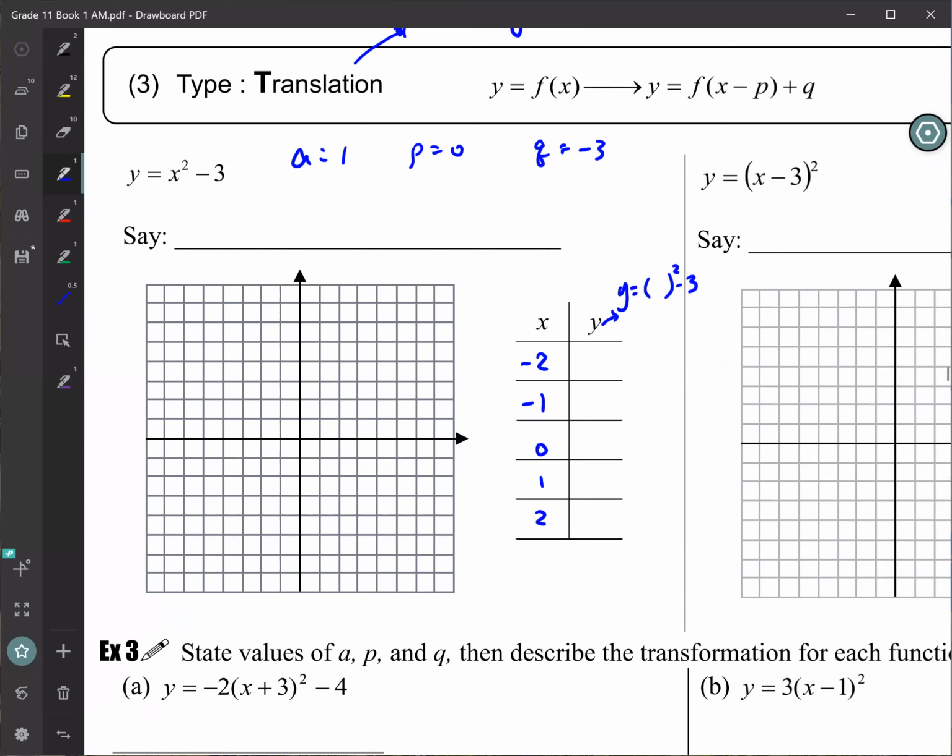Please complete the table, draw the graph, and raise your hand. Please raise your hand when you're done.